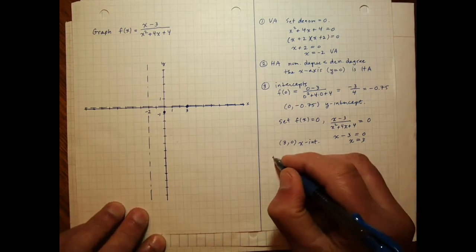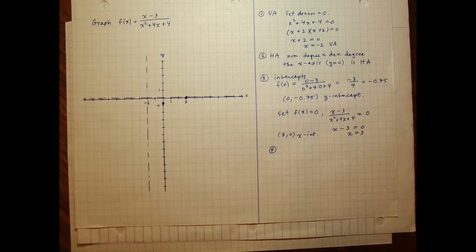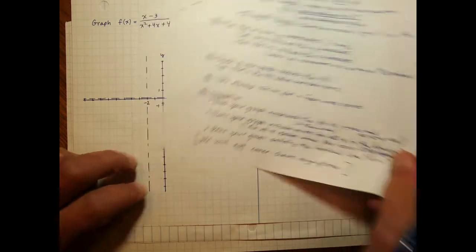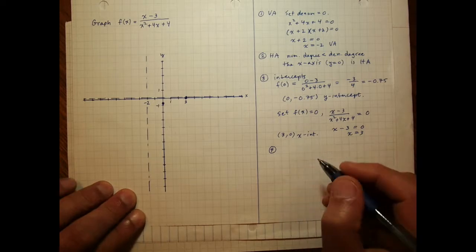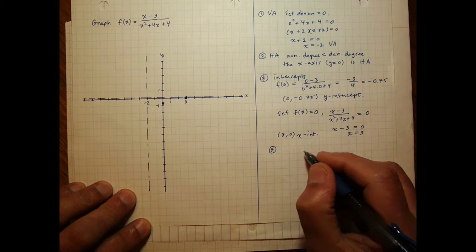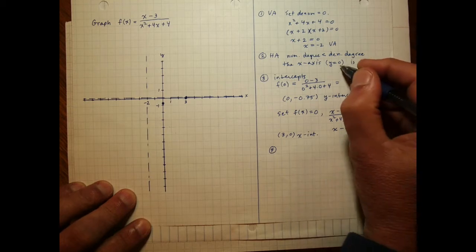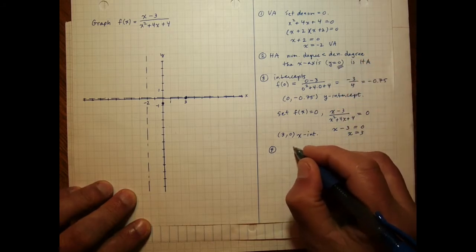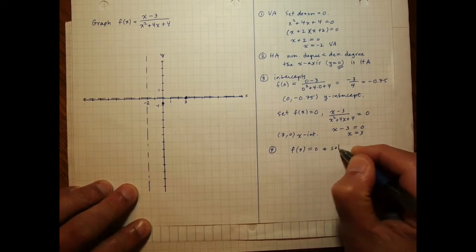Okay. And step 4 is to check to see if the graph crosses the horizontal asymptote. And that can happen. The way we verify that is we set the function equal to the horizontal asymptote value, the y equals 0 value. So we'd set f of x equal to 0 and solve.